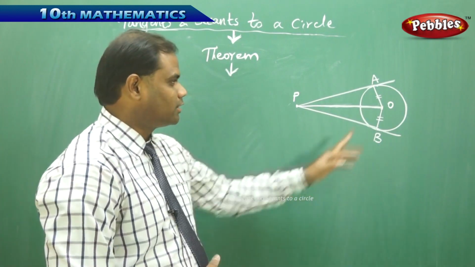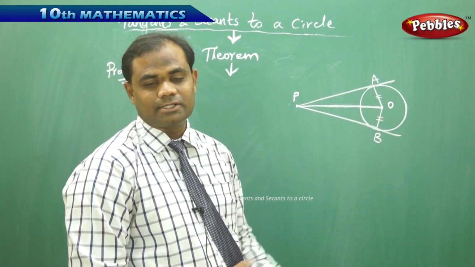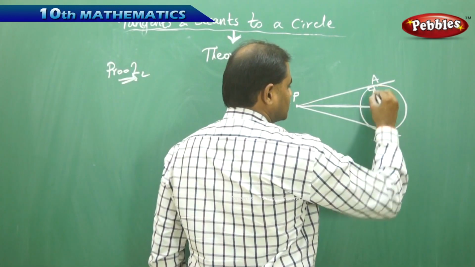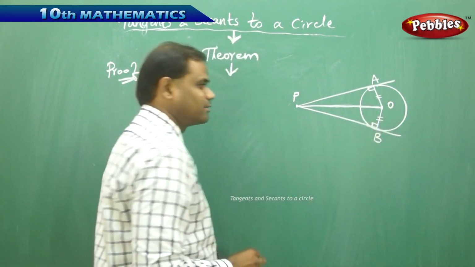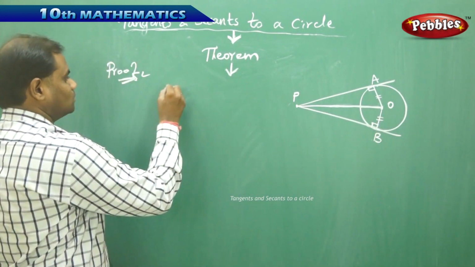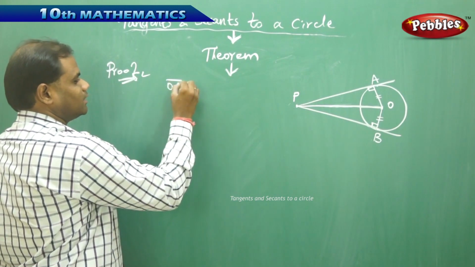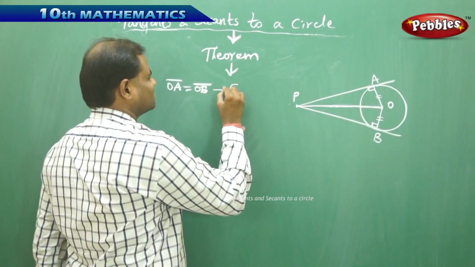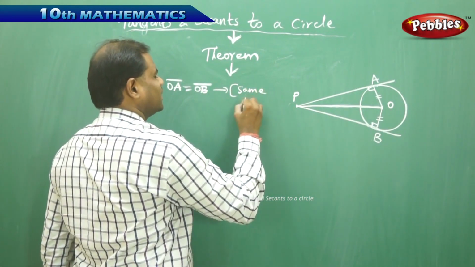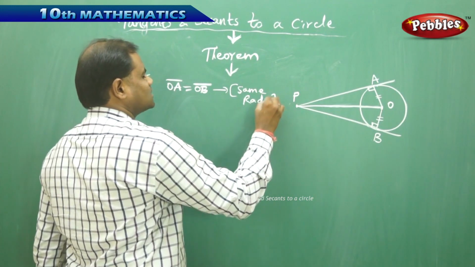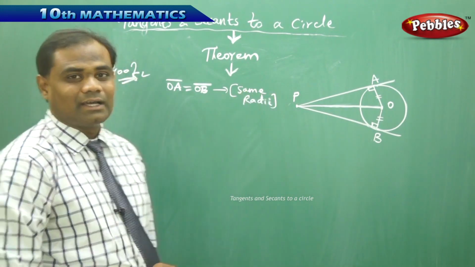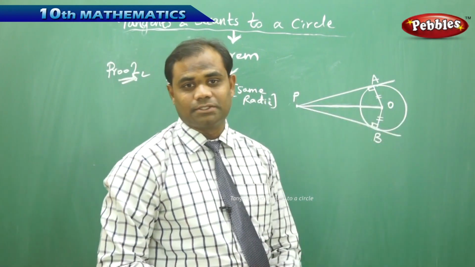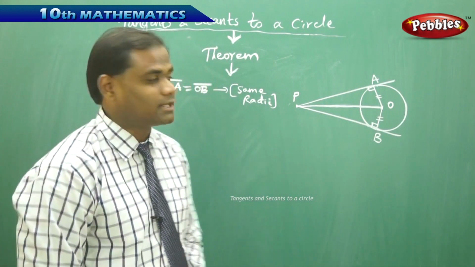In this case, as I join OA and OB, they are equal because they are the radii of the circle. Similarly, we know that they are perpendicular to the tangents, because radius is perpendicular to tangent. First, OA is equal to OB because they are the same radii of the circle. Secondly, these two angles are 90 degrees, because radius is always perpendicular to tangent, as we have seen in the previous sessions.